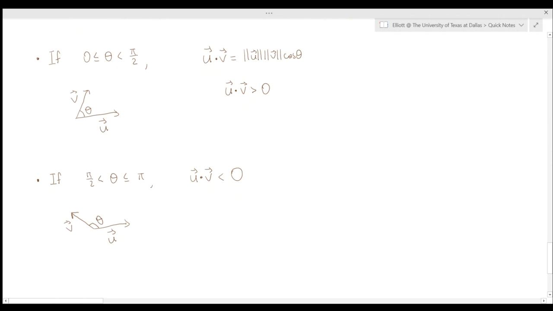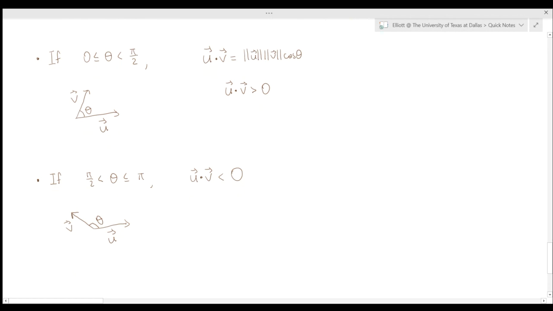You can roughly remember this as saying that if the two vectors point in the same direction, the dot product will be positive, whereas if they point more in opposite directions, then the dot product is going to be negative instead.